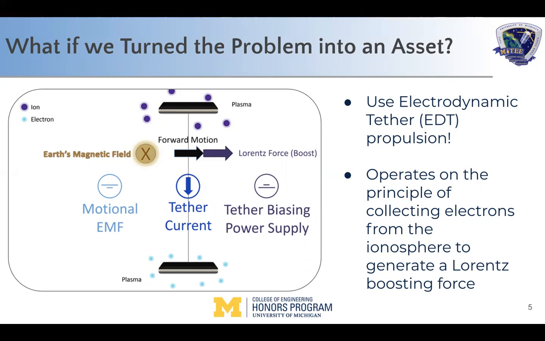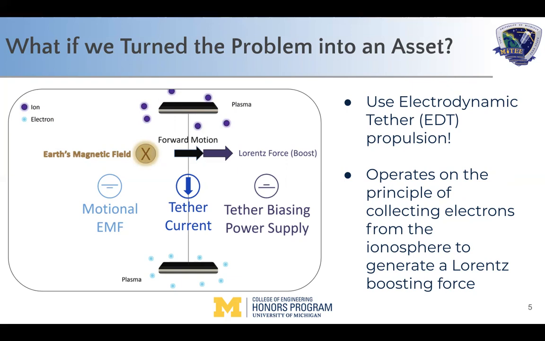In this image, you can see in the bottom satellite, if we bias that satellite to a very high positive voltage relative to the ionosphere, we can attract electrons to collide with that bottom spacecraft, make them travel up an electrically conductive tether to an upper spacecraft, and re-emit those electrons back into the ionosphere to complete an electrical circuit.